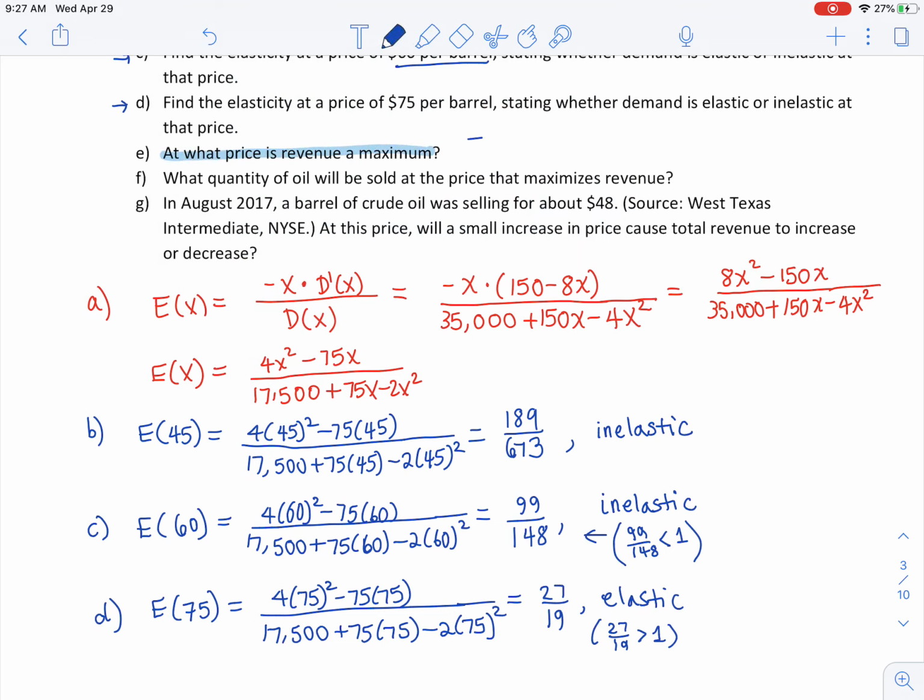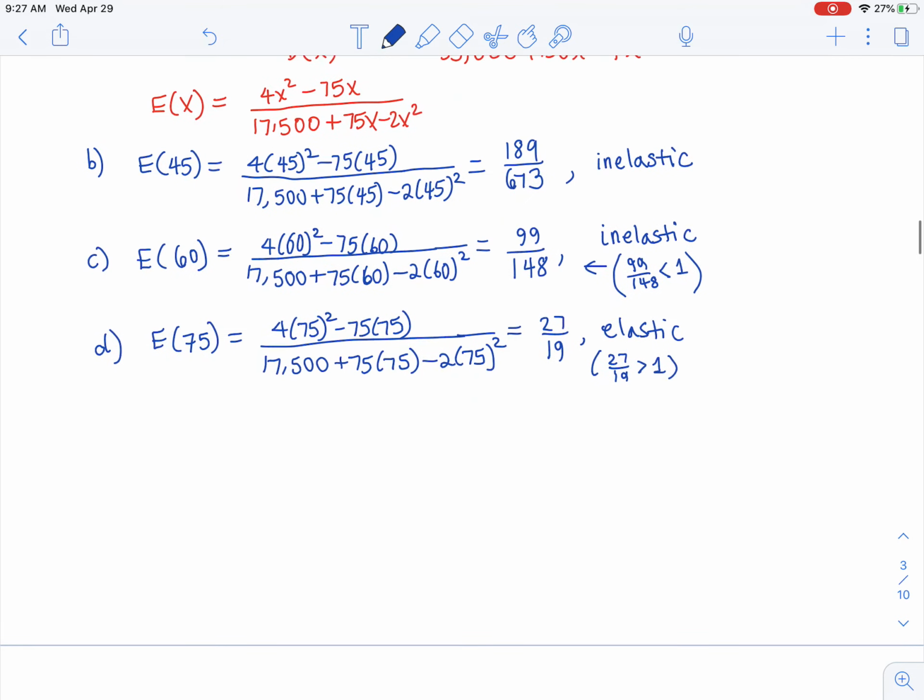Now, this one is probably what everybody's emailing me about. Now, remember, revenue is maximized when elasticity is equal to what number? 1, right? So what we're going to do is set that elasticity function equal to 1 and solve for x.